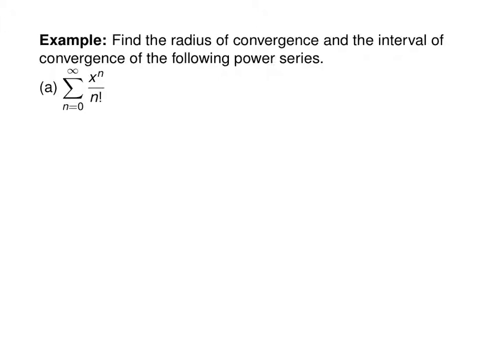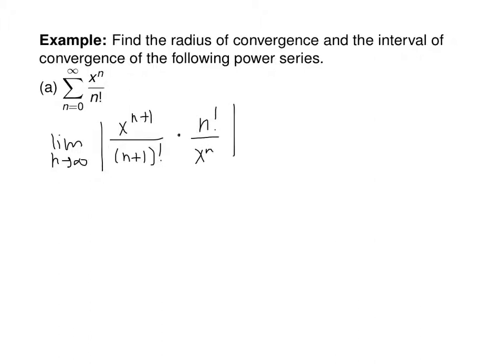Next, we will find the radius of convergence and the interval of convergence for power series. So here we have the sum from 0 to infinity of x to the n over n factorial. We are going to apply the ratio test. So that will be x to the n plus 1 over n plus 1 factorial multiplied by n factorial over x to the n, which simplifies to the absolute value of x over n plus 1, which goes to 0 no matter what x is.